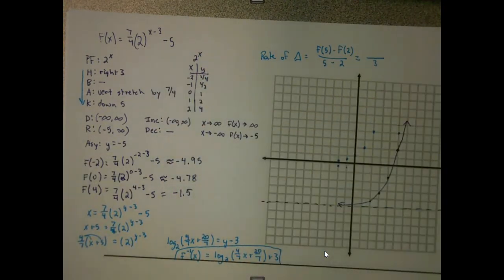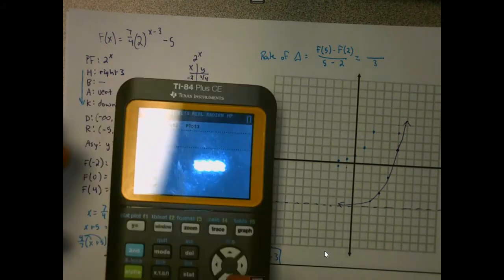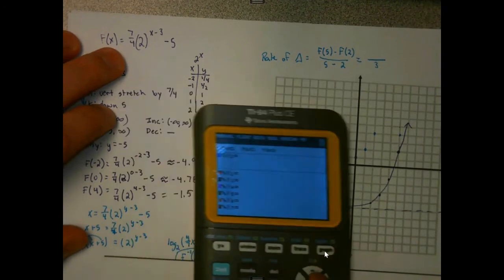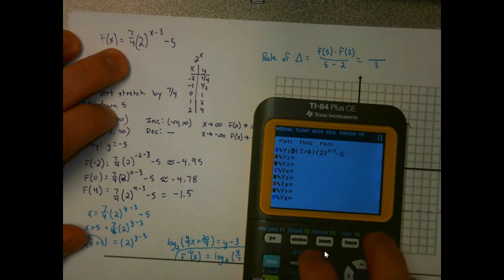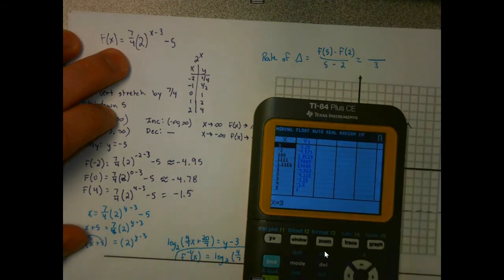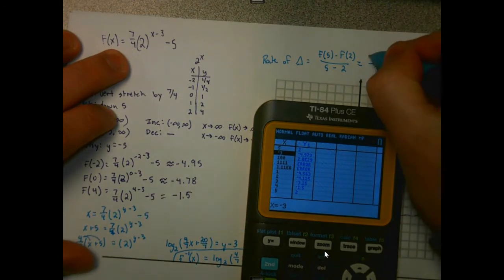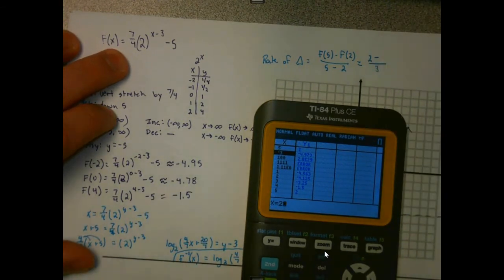And if you're using the y equals function in your calculator, you can just use the table for some of these quick values. So we have 7/4 2 to the x minus 3 minus 5. And when we go to the table here, we can just punch in 5. And then you get 2. And then punch in 2.